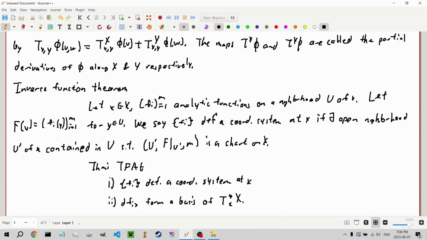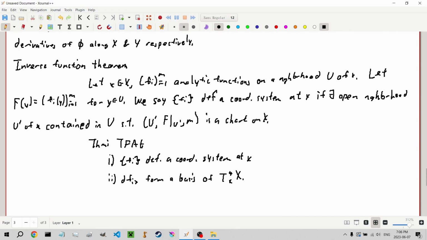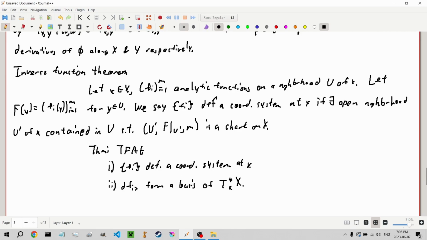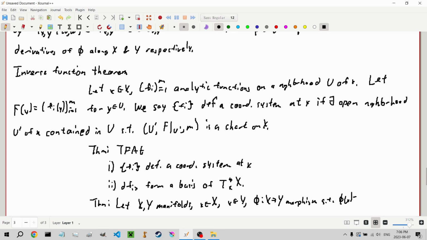And this is a consequence of a more powerful theorem, one that states: we're going to let X and Y be manifolds, with x in X, y in Y, and phi from X to Y a morphism such that phi of x is equal to y.